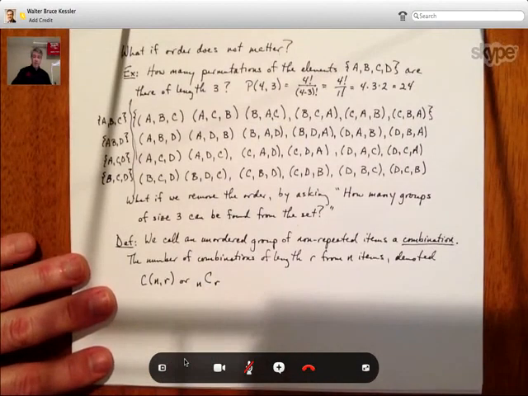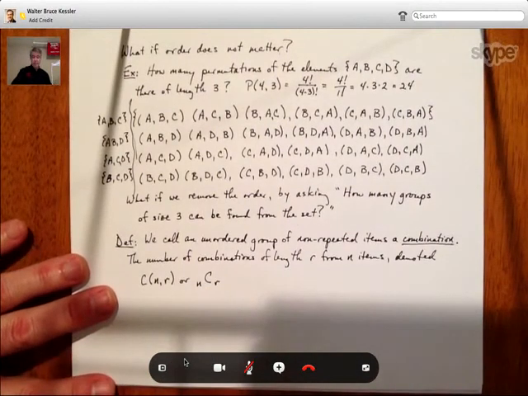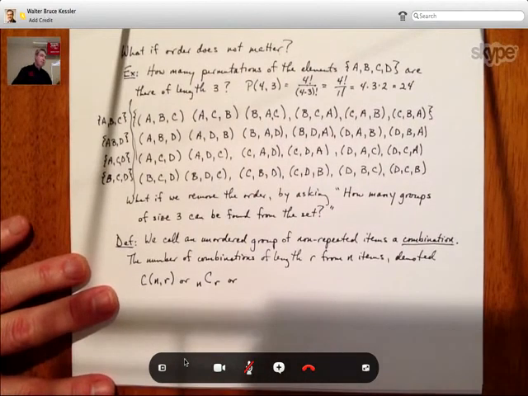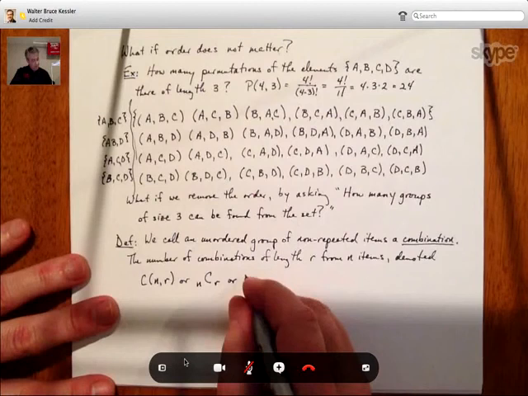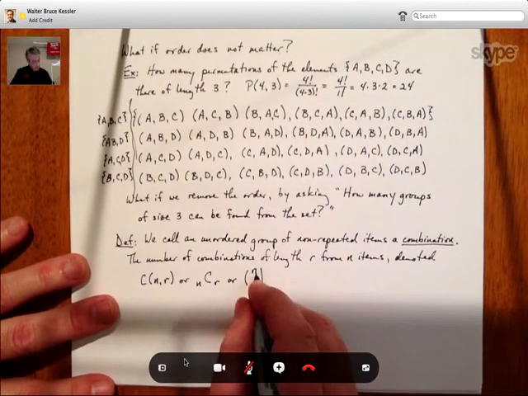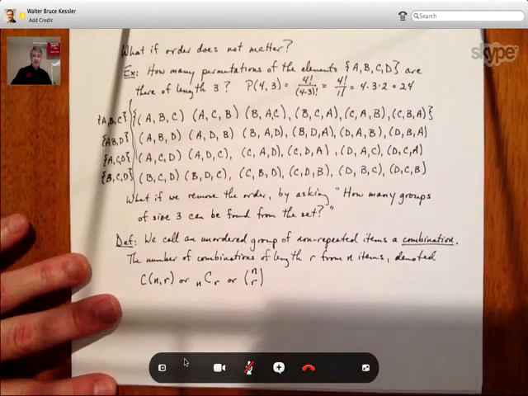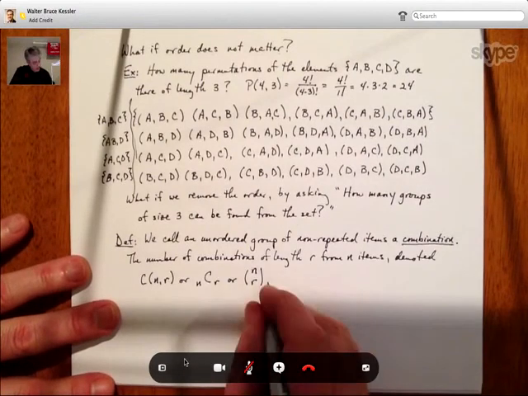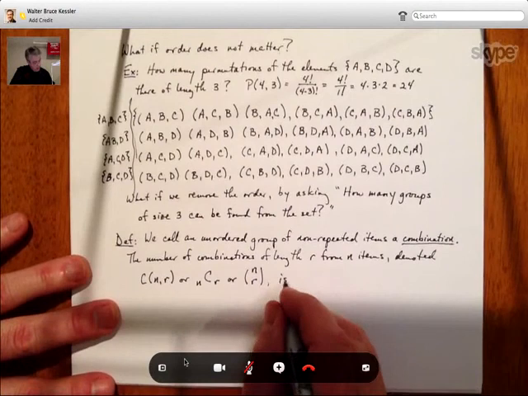Sometimes you'll see this as nCr. Instead of a P, we've replaced that P now with a C for combinations. But the most standard notation in mathematical settings is to use brackets and stack the n above the r. And that is typically read n choose r. Okay.